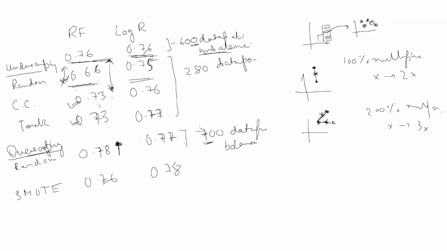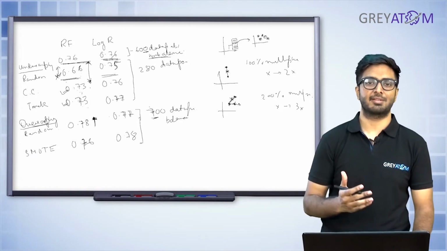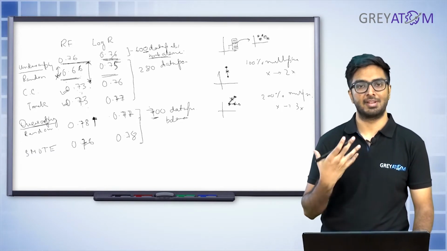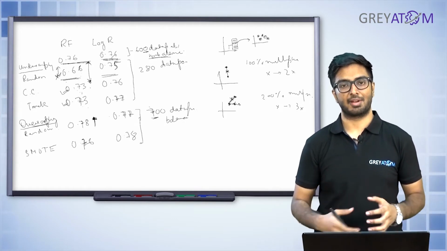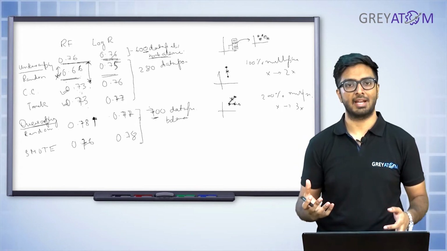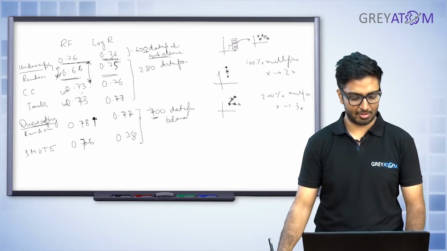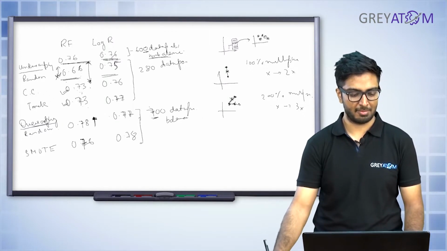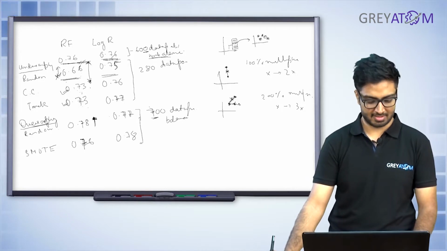In this particular example, SMOTE did not help a lot, but that doesn't mean SMOTE is not effective. It's just that in this data set, the data was probably not rich enough in the feature space, so even if you add a lot of data points with SMOTE, that is not adding a lot of information, and that's why you see a not so significant improvement in performance. It's almost similar to what you did here, without any pre-processing.